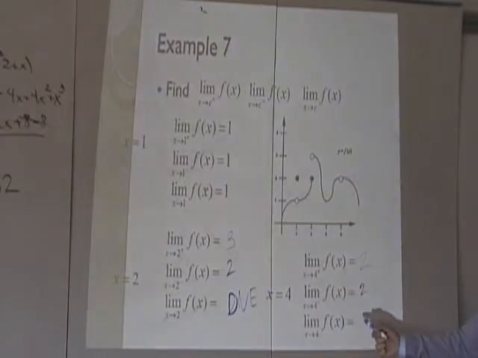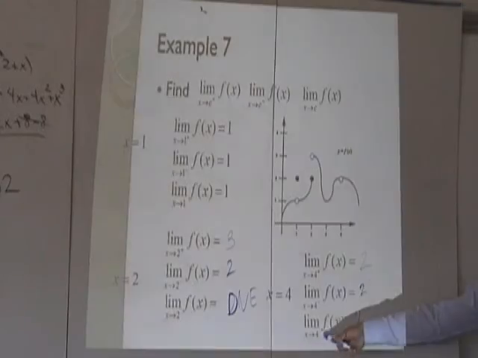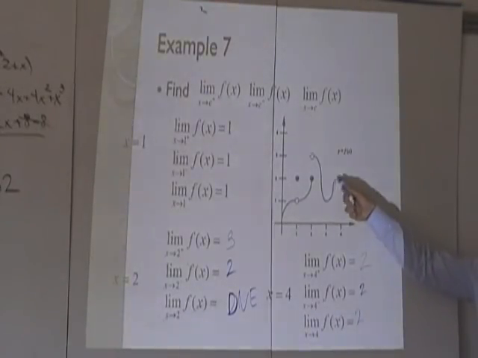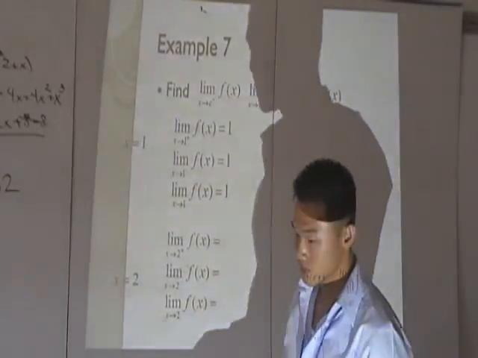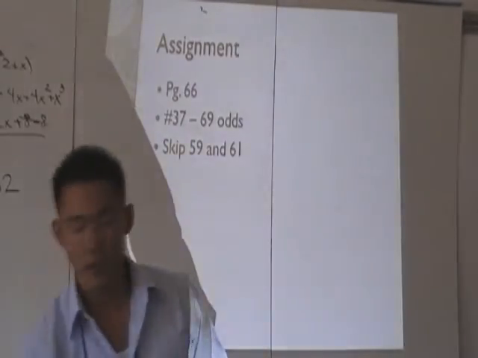And Jordan, last one. 2. Because these are the exact same, the limit as x approaches 4 from either side will be 2. Any questions there? There's your assignment.